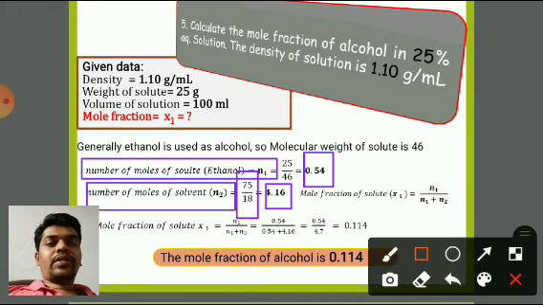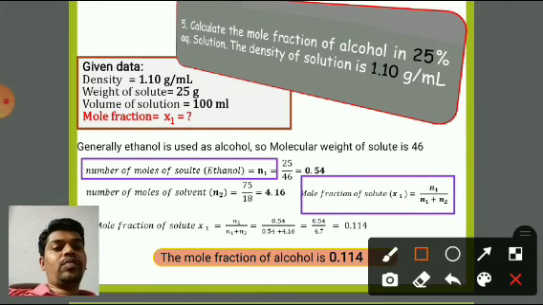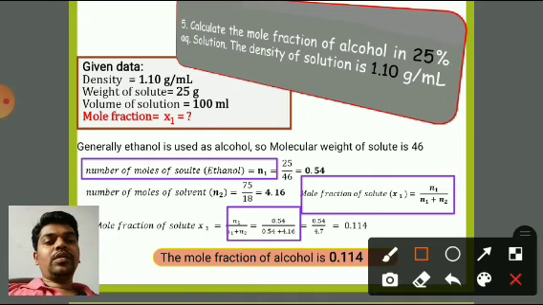After calculating the number of moles of solute and solvent, now we have to calculate the mole fraction of solute. The formula for the mole fraction of the solute, x1, is given by n1 upon n1 plus n2. Just put the values of n1 and n2. So we get 0.54 divided by 0.54 plus 4.16, the respective moles of ethanol and solvent.